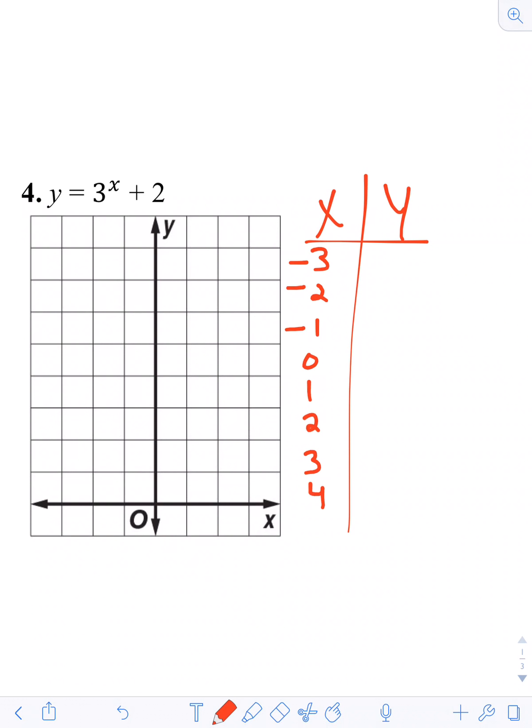Put that in y equals, go to your table. And my y values, just copying from the table, are 2.03, and then 2.11, and then 2.33, and then 3, and then 5, 11, 29, and 83.